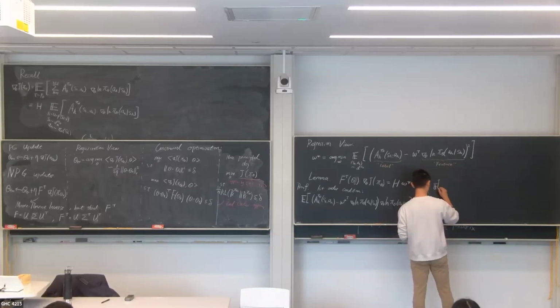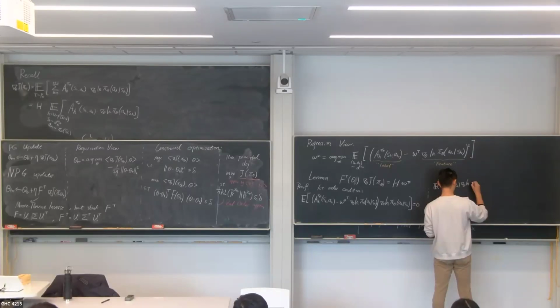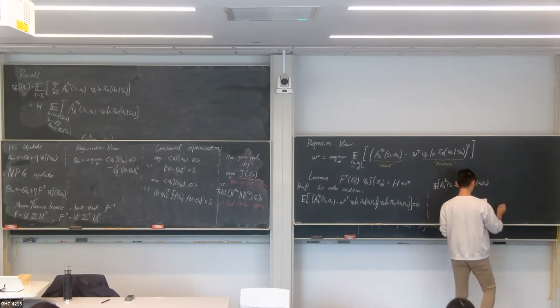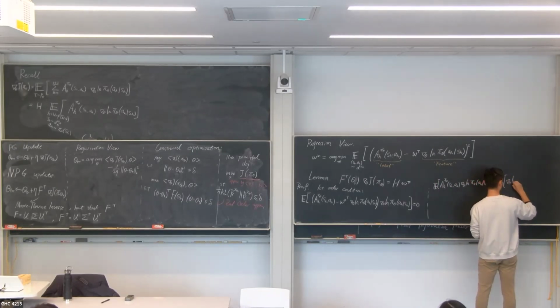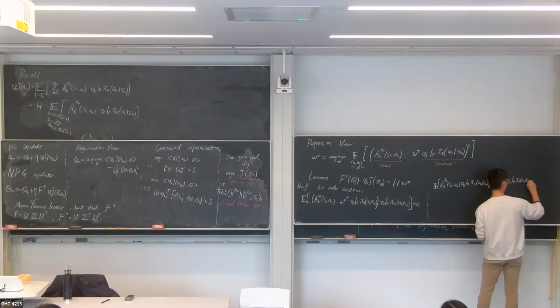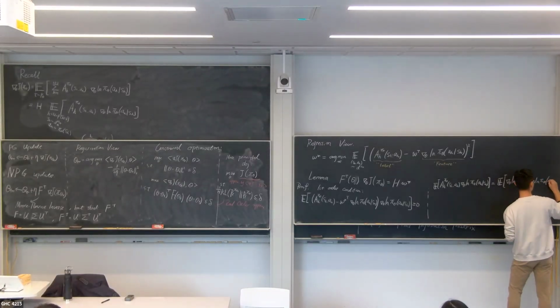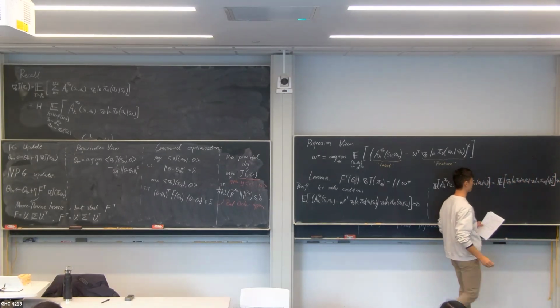So on the left-hand side, I get something like advantage equals... Okay, just enough space.